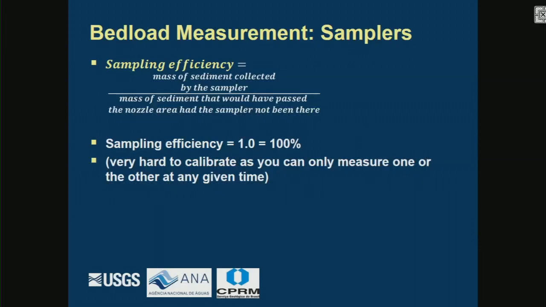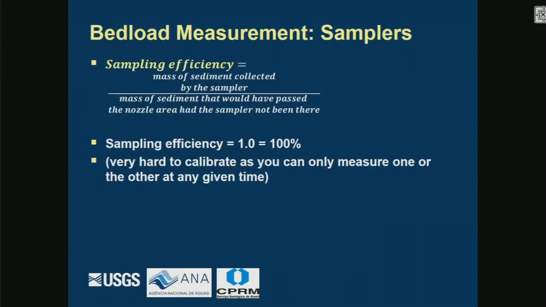So when we think about bed load measurements, we have another sampler efficiency calculation, but it's different than the efficiency we're talking about with suspended sediment. This one is the mass of the sediment collected by the sampler, divided by the mass of what would have passed the nozzle area had the sampler not been there.